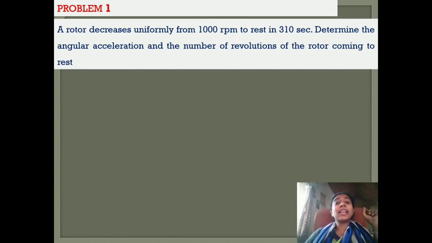That means our initial angular velocity omega naught is 1000 rpm, and the final angular velocity omega is 0 because it is coming to rest. Time t is given as 310 seconds. We are asked to find the angular acceleration and the number of revolutions, that is n.